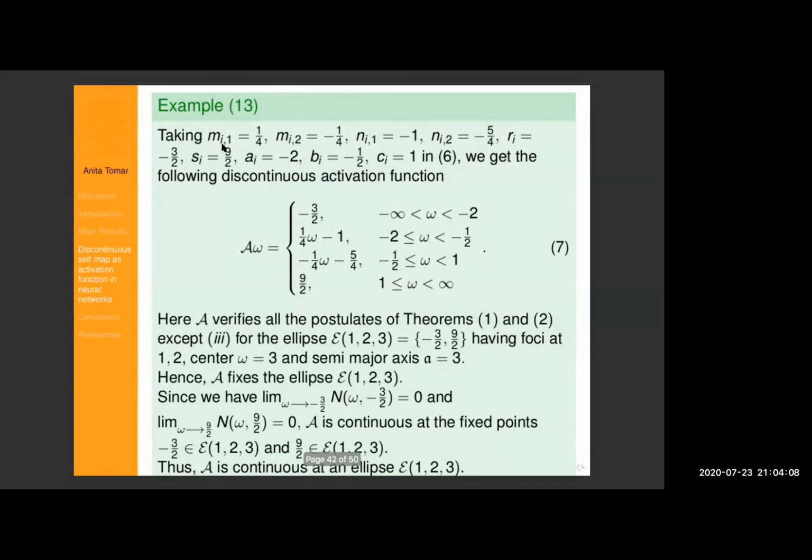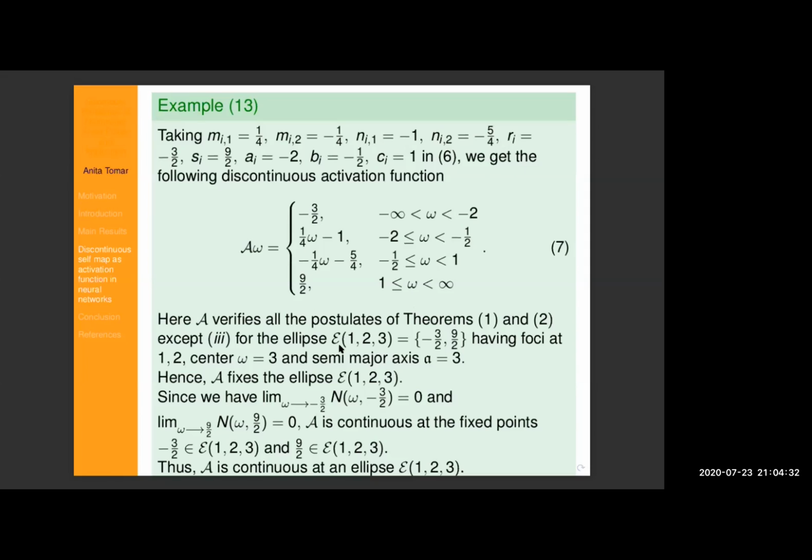If we take the constants like this, then we get this activation function. Obviously, this is a discontinuous activation function, and one may verify that it satisfies all the properties of theorem 1 and theorem 2. It means it has a fixed ellipse.